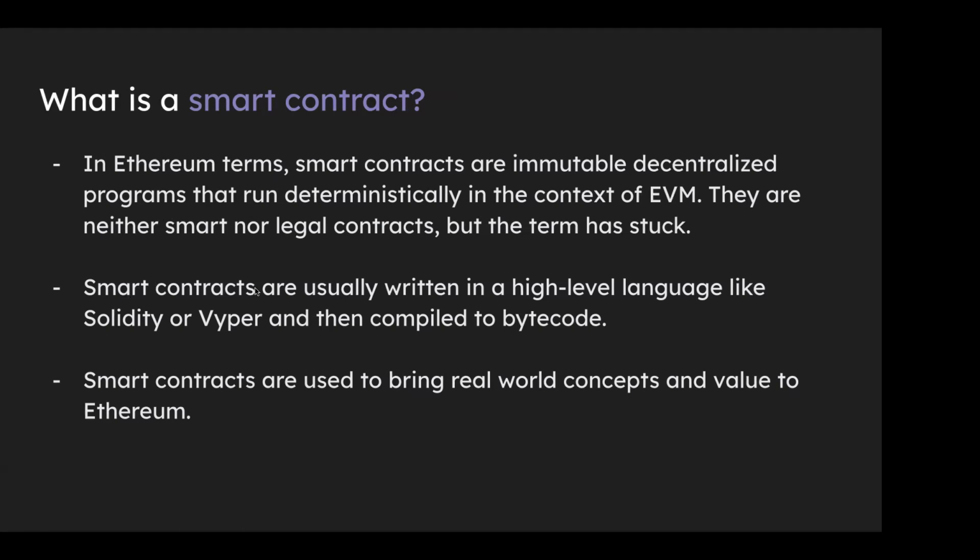Smart contracts are usually written in a high-level language like Solidity or Vyper, and then compiled to bytecode. The EVM doesn't understand high-level languages, but it does understand low-level bytecode. It is pretty much like machine code. For example, processor architecture also has its own code that it interprets and runs.